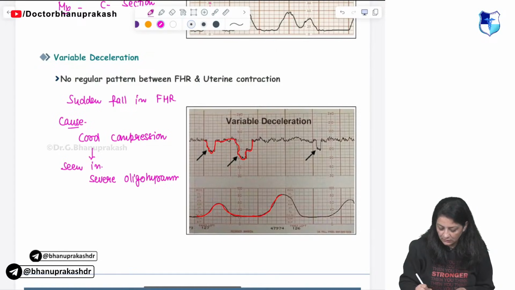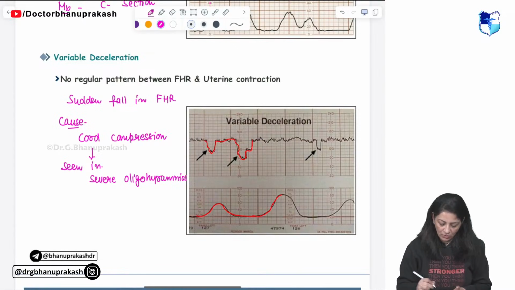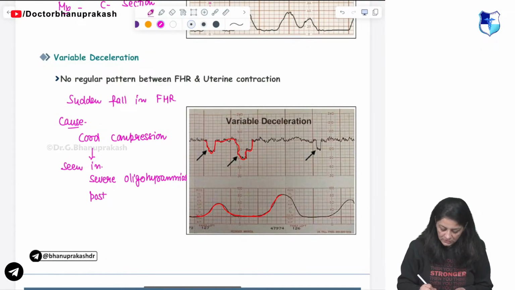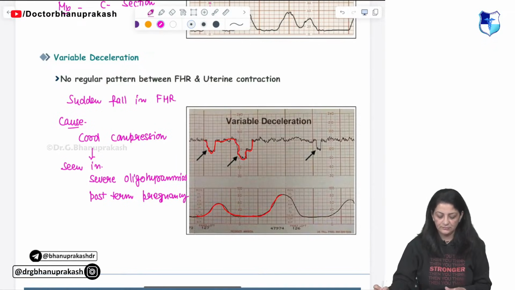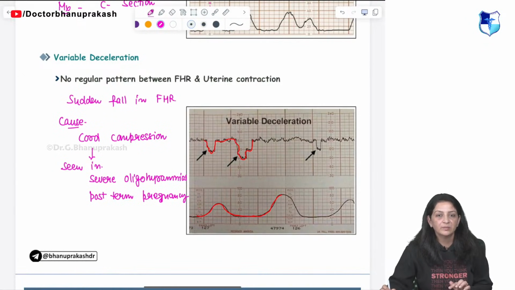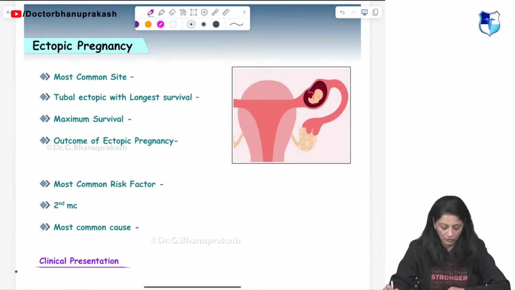In case of severe oligohydramnios, or in case of post-term pregnancy. So this is variable deceleration. Clear? Very important topic.